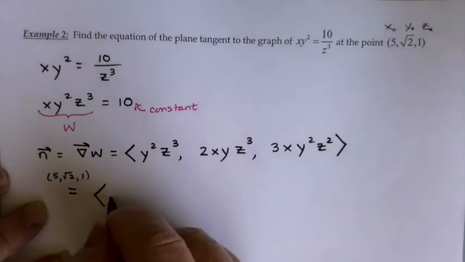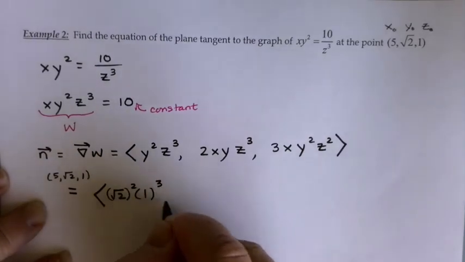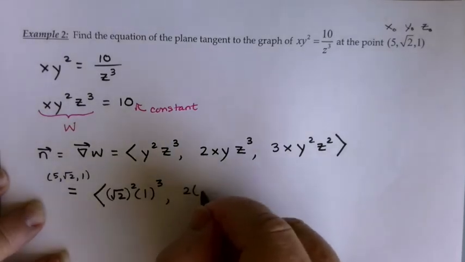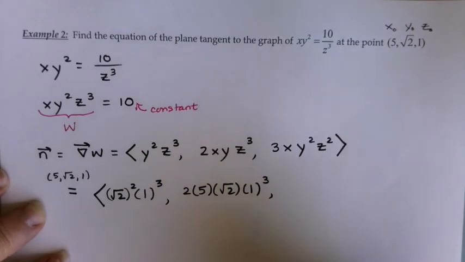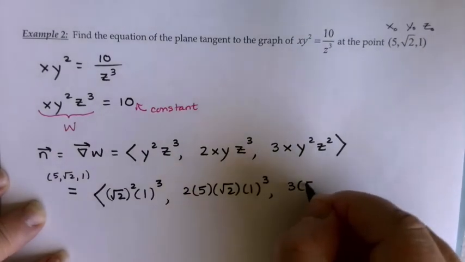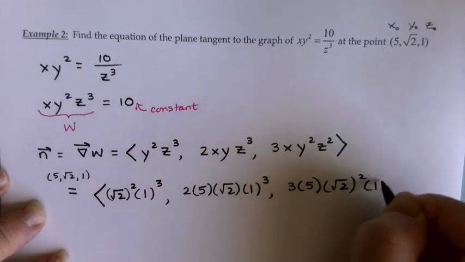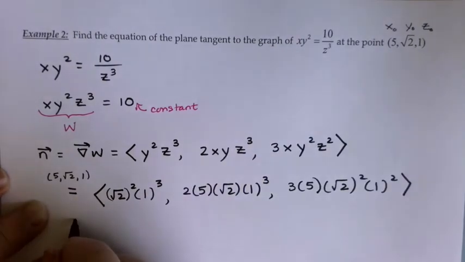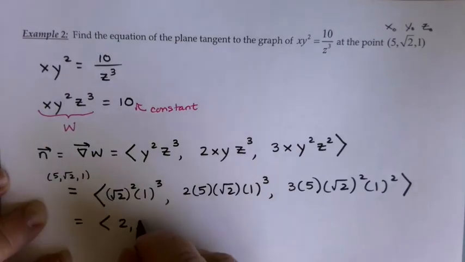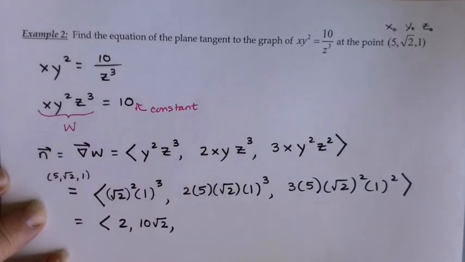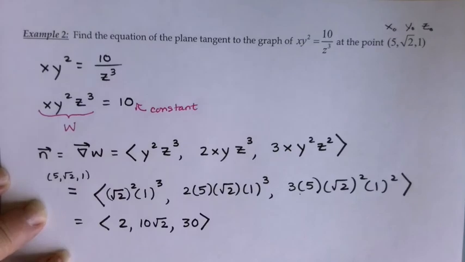And let's see, that's going to give me square root of 2 squared times 1 cubed, 2 times 5 times square root 2 times 1 cubed, and 3 times 5 times square root 2 squared times 1 squared, which is 2. So 2, 10 square root 2, and 15 times 2 would be 30.